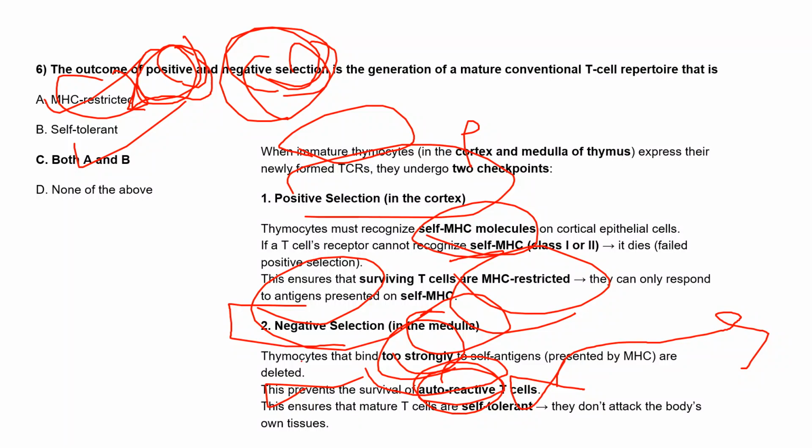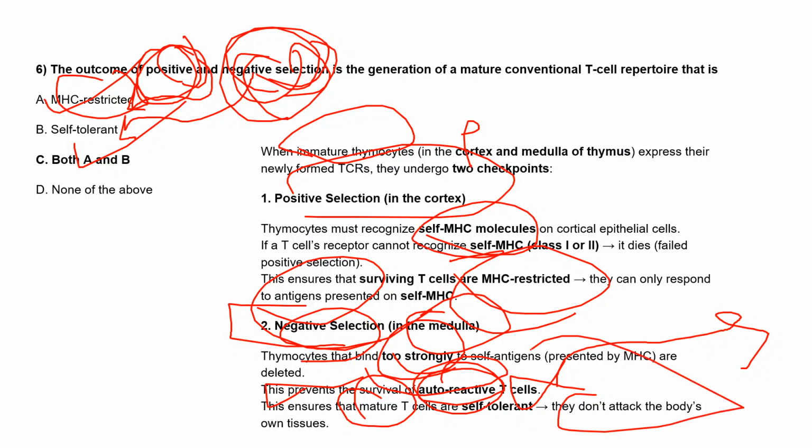So negative selection ensures that these mature T cells are self tolerant, that they tolerate ourselves and will not attack our body tissues. So that is the outcome. You were right, very good. MHC restricted and self tolerant is the outcome of positive and negative selection.